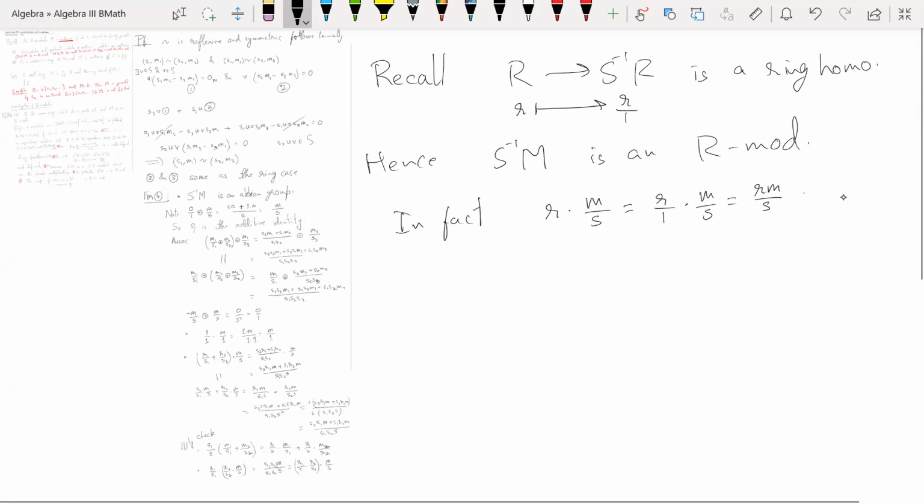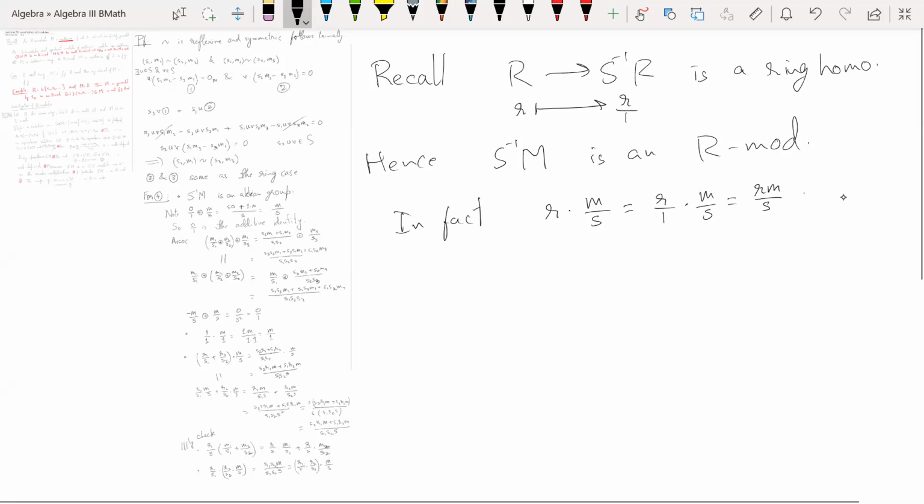So S inverse M is not just an abelian group, it is an R module as well, and the R module structure is given via this map, if you like.